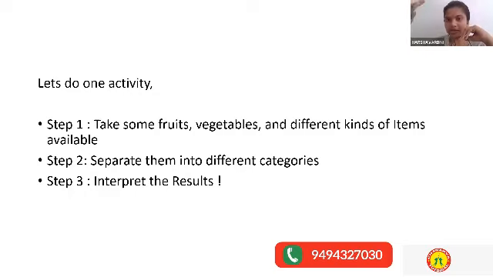So this is the basic separation that you do based on the nature and the color of the object. And in different situations, smell and other components of the object, based on those also you can separate, right? Yes, ma'am.